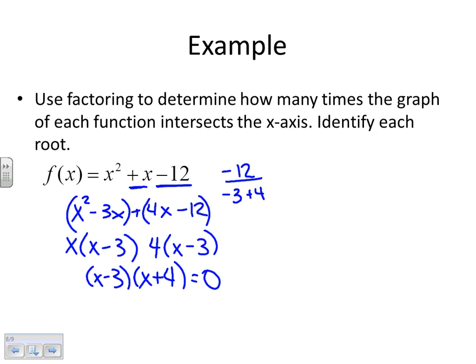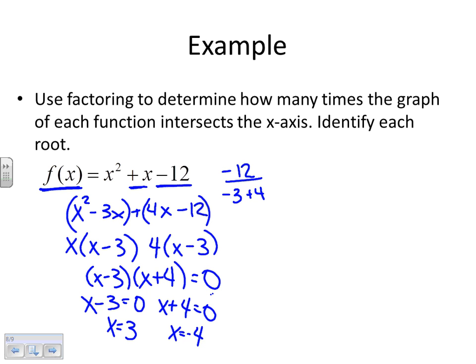And this is just because I have f of x here. Remember before I said f of x equals y equals 0. Those are all interchangeable. So when it says f of x, I can replace that with a 0 here. So this is just like before we saw in Chapter 8, x minus 3 equals 0, x plus 4 equals 0. And we add 3 to both sides, we get x equals 3. We subtract 4 from both sides, and we get x equals negative 4.